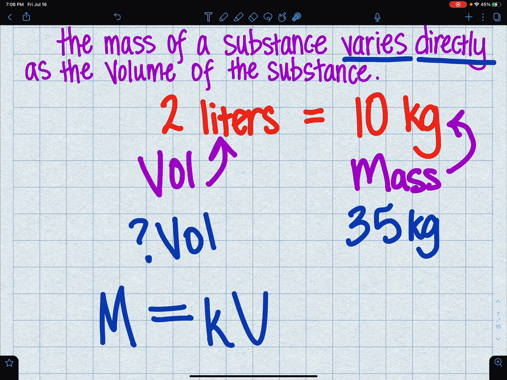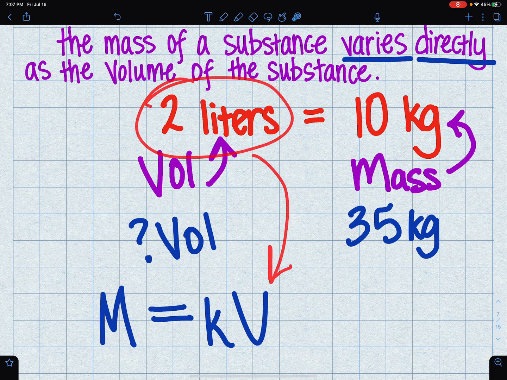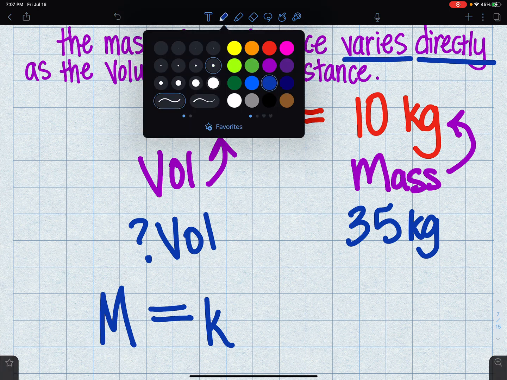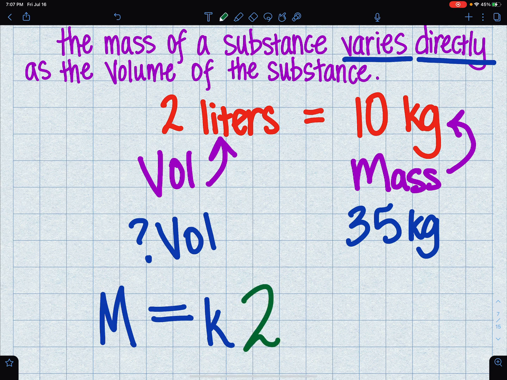Now, we're going to take 2 liters, which is here, and we're going to stick it in volume. So I'm going to erase this, and I'm going to put a 2 here. Oops, let me get a different color so it's clear what I'm doing. I'm going to put a 2 there. And if you do units on it, then that might be helpful too. We'll see.